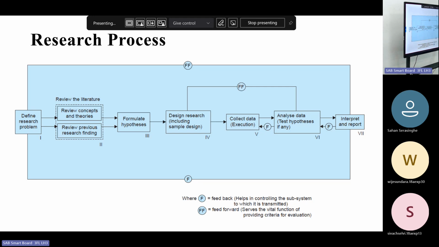In research, we have softwares. What are the research softwares we use? You have to write down these things. You are all writing assignments now.